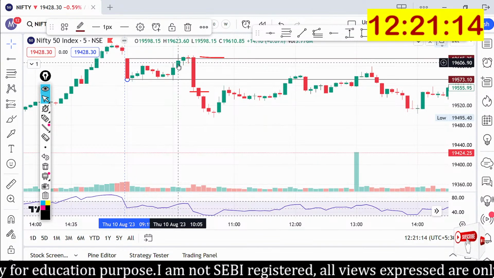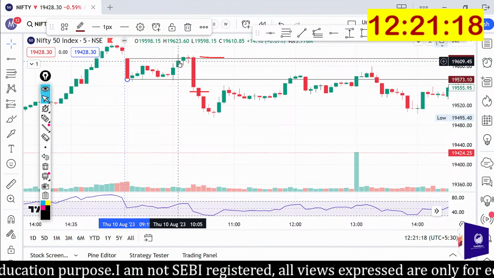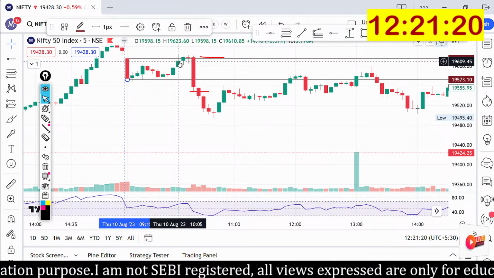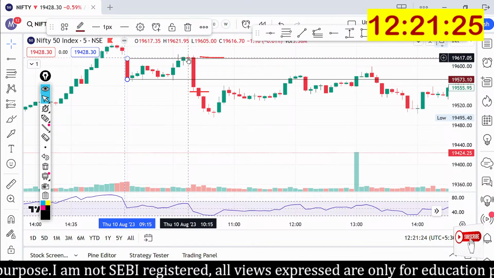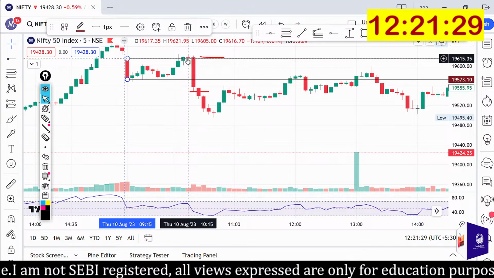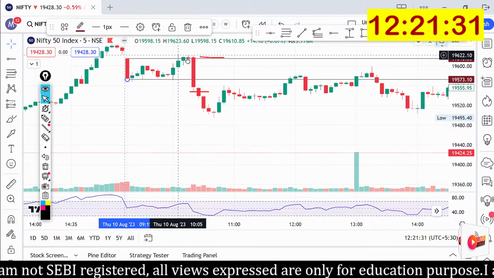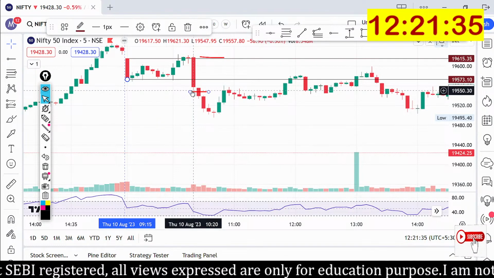It tried to go up, and what happened? Sellers again pushed it back. Then it tried to take it up again, there was a kind of doji formation, and then these guys sold it off again here.